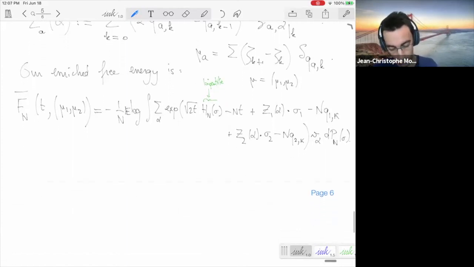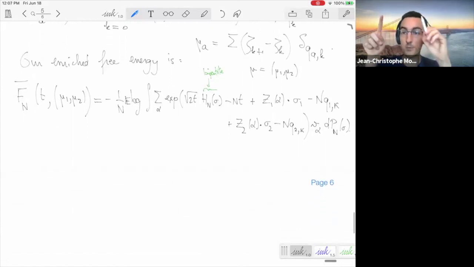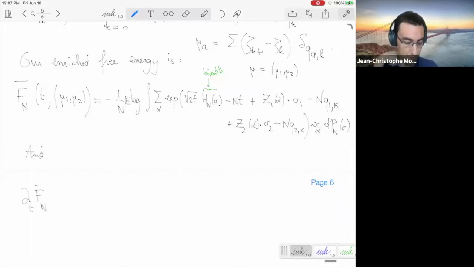And all right, so now I can still define my Gibbs measure, which will be with respect to random variables sigma and alpha as before. And I can compute the derivatives of Fn bar. When I compute the derivative in t, nothing changes with respect to what we had done with our initial guess. So it's still going to be this product of the overlaps.